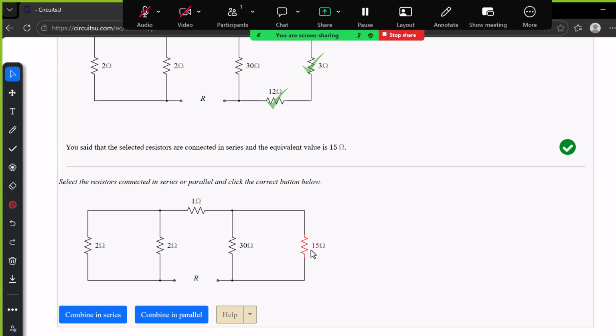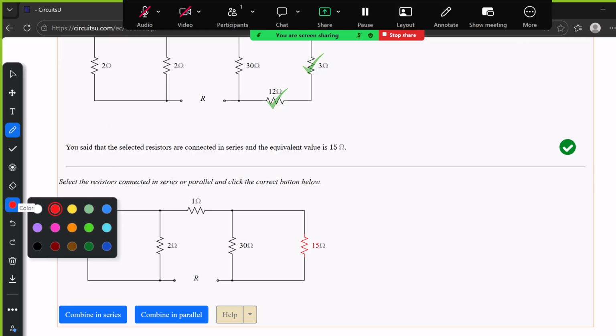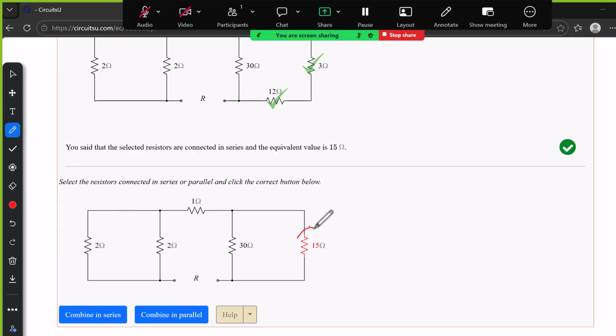Now, since I'm already on a roll, what we want to do here is the 15 ohm resistor is already identified as being the farthest away, same with the 2 ohms, but we're still going to do it with the 15. And then the resistor right next to it. So same thing, we go with the same steps.